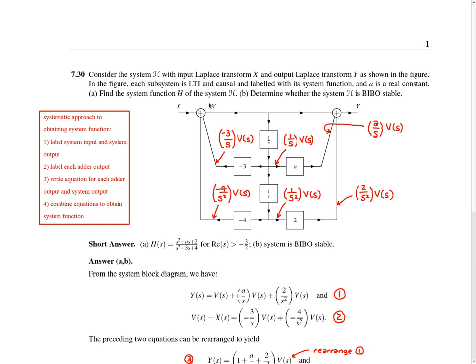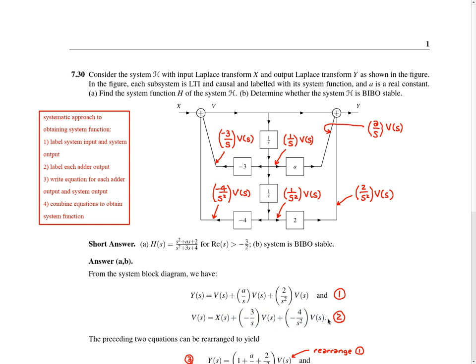The output of the adder is denoted V, and V is equal to the sum of three inputs, namely this input here, which is equal to x, this input down here, which is equal to minus 4 over s squared times V of s, and this input here, which is equal to minus 3 over s times V of s. So from this adder, we can write this equation below, which is labeled as equation number 2.